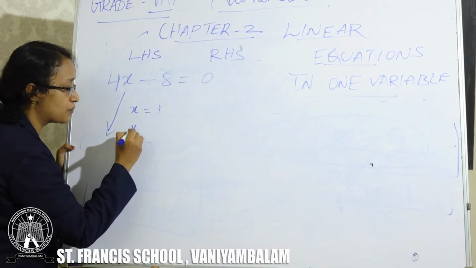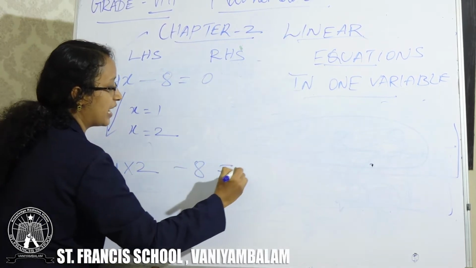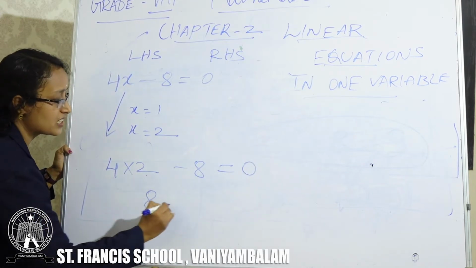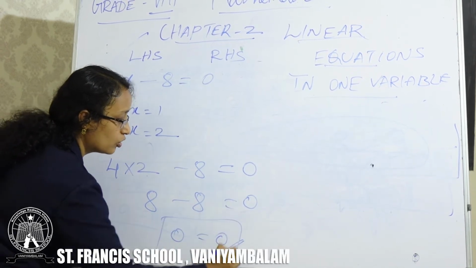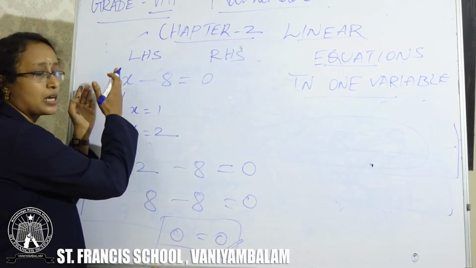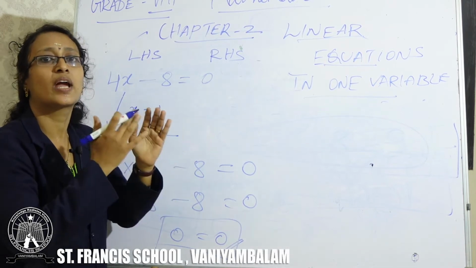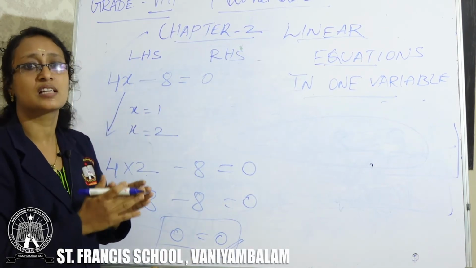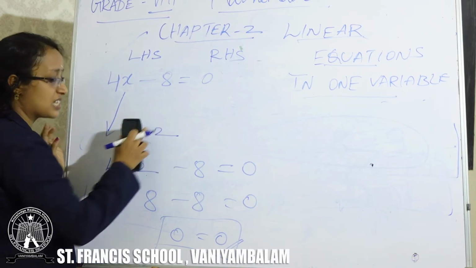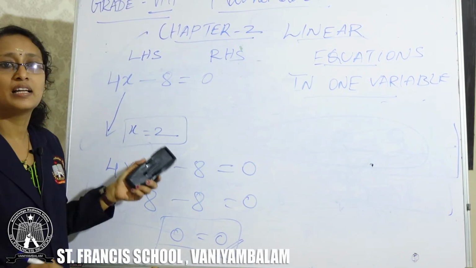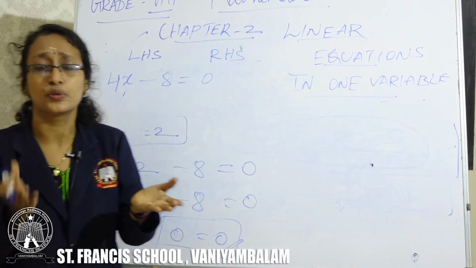Next, substitute 2: 4 into 2 is 8, 8 minus 8 is 0, and 0 is equal to 0. We got it, right? If we substitute a value for x and both sides are equal, then that value is the solution of the equation. Therefore x is equal to 2 is the solution. Both sides of the equation should be balanced.